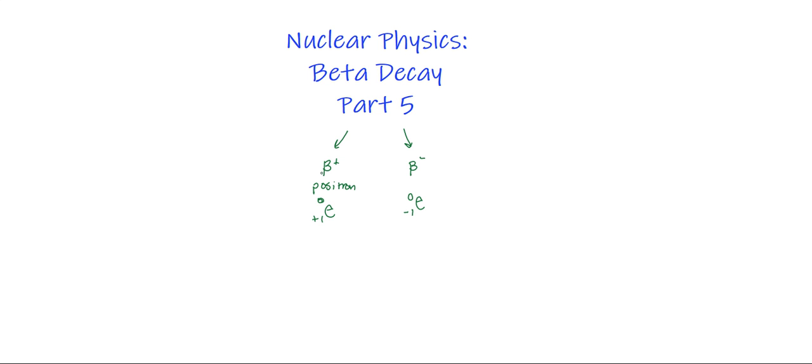Now what we see happen in beta decay, let's take a look at negative beta decay first. What we see happen is that this beta particle was not in the nucleus preceding the reaction. It is the result of the reaction. So it's not like a trapped electron inside the nucleus that's released through this process.